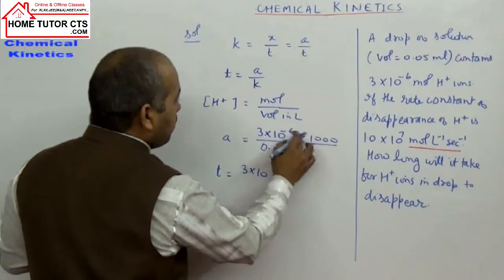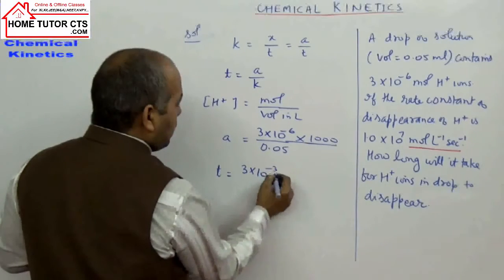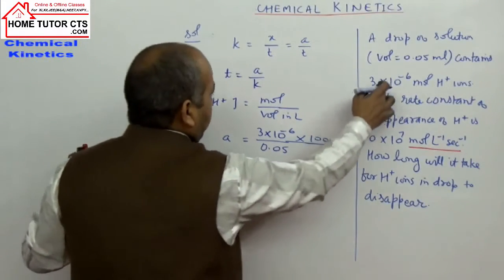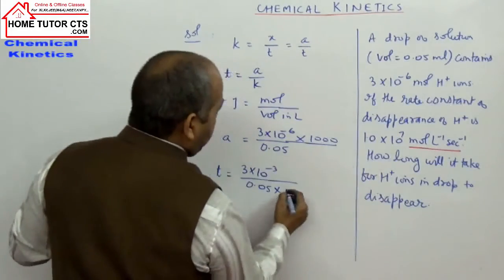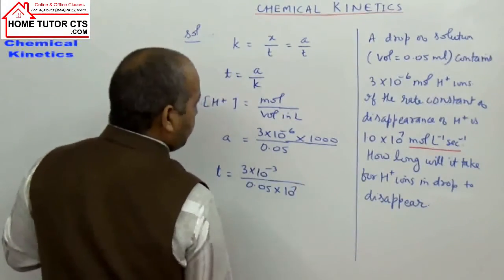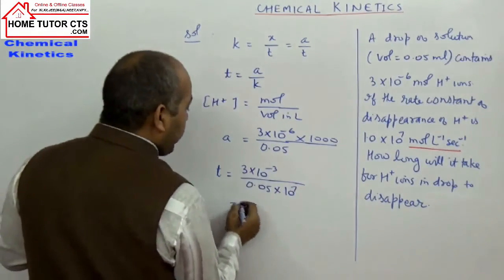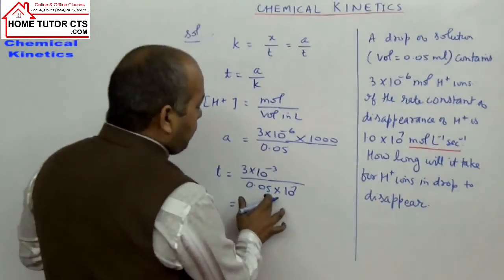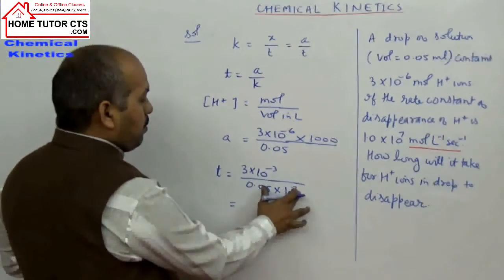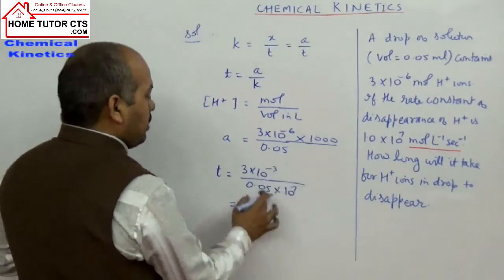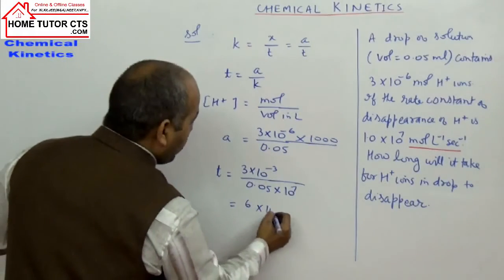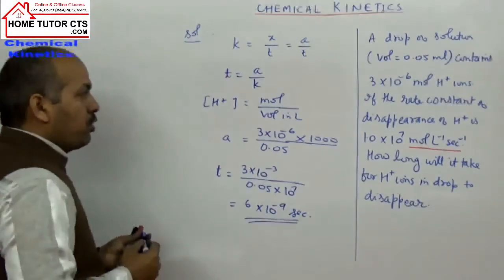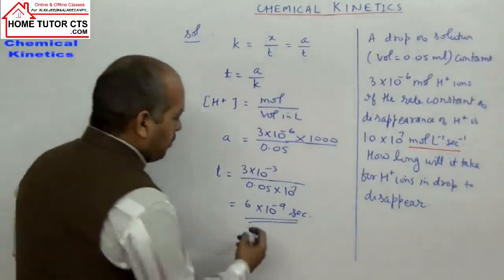I can write it better as 10 to power minus 3 by 0.05 divided by rate constant 10 to power 7. On solving, the time comes to 6 into 10 to power minus 9 seconds. That is your answer for this question.